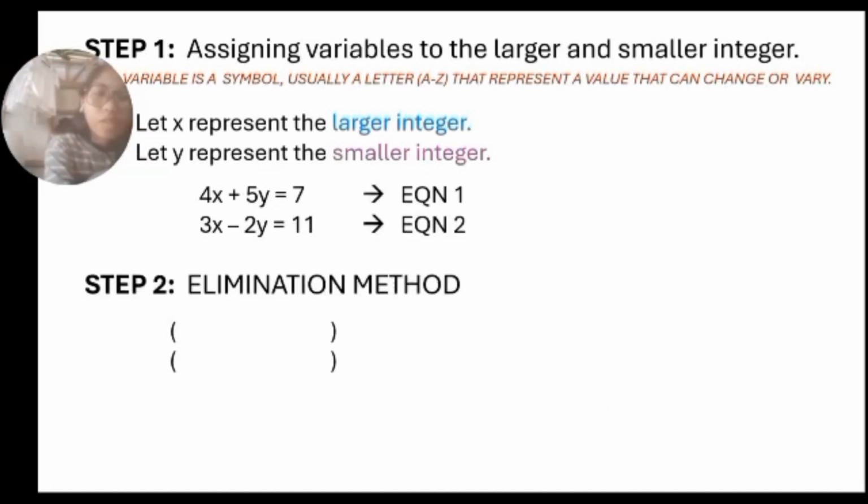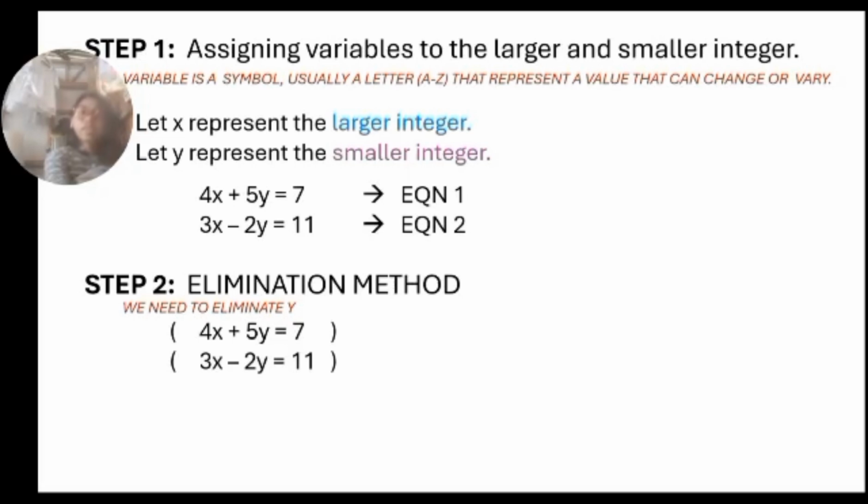Yes. So, step 2 is to eliminate. Elimination method. So we need to eliminate the variable y first para makuha na nato ang value sa x or the larger integer.